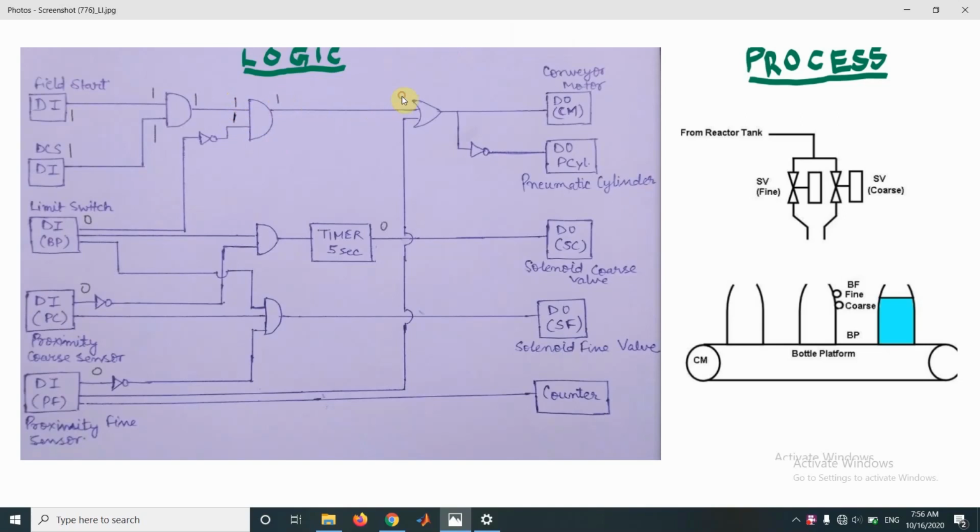This input for the OR gate would be 1, and since the proximity fine sensor input is also 0, this input would be 0, but since this is an OR gate, this input is enough to turn it on. Output of the OR gate would be 1 and the conveyor motor would start running.